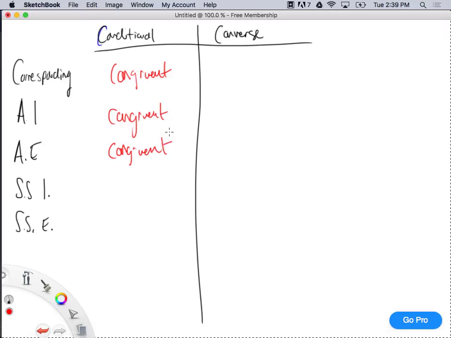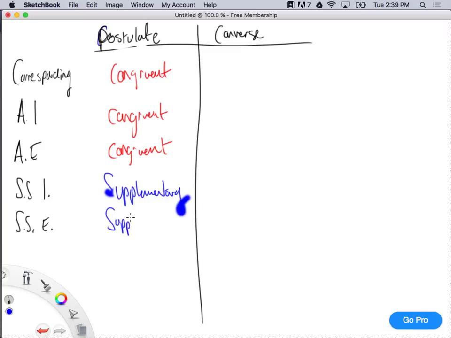That's what the conditional statement says, the regular postulate. What do I know about same side interior and exterior? They're not congruent. They're supplementary.